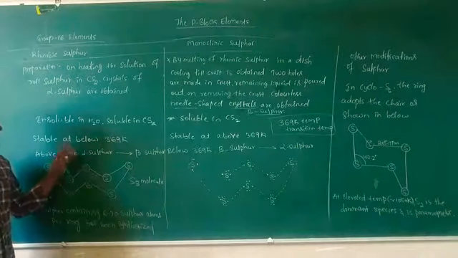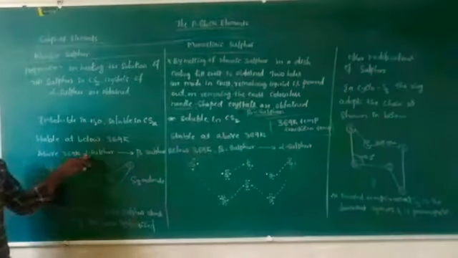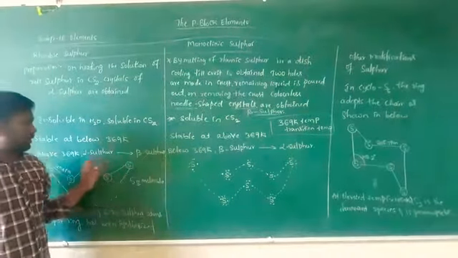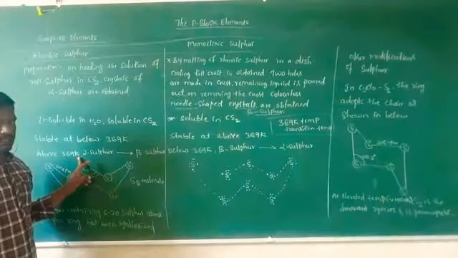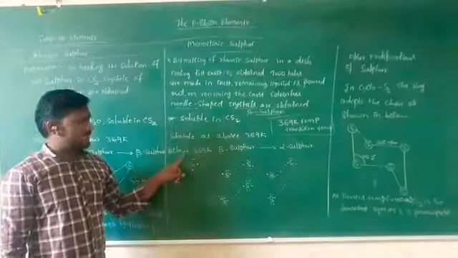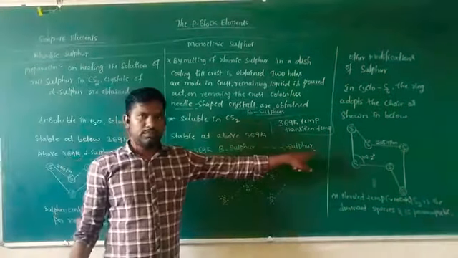Above 369 Kelvin, alpha sulfur converts into beta sulfur. Below 369 Kelvin, beta sulfur converts into alpha sulfur.